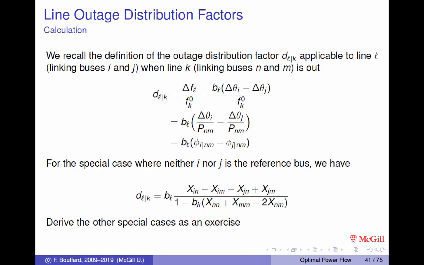And therefore, now from this I would get effective representations for the change in the angles due to the loss of FK0. So here, these effectively are the sensitivities we've just found, and from this, basically now we can have a closed form formula for the outage distribution factors.